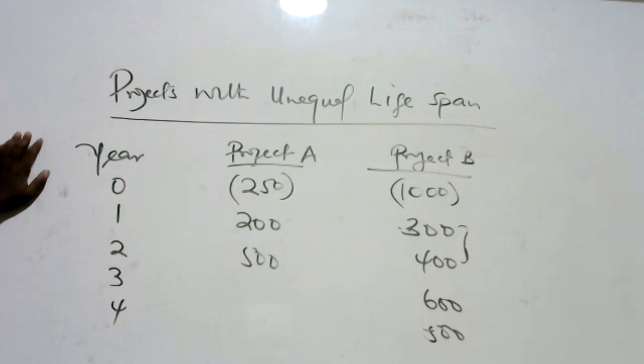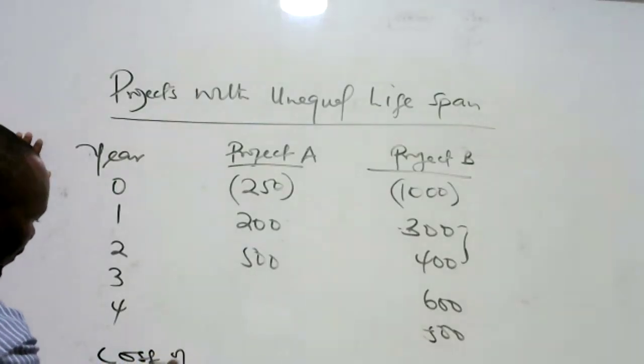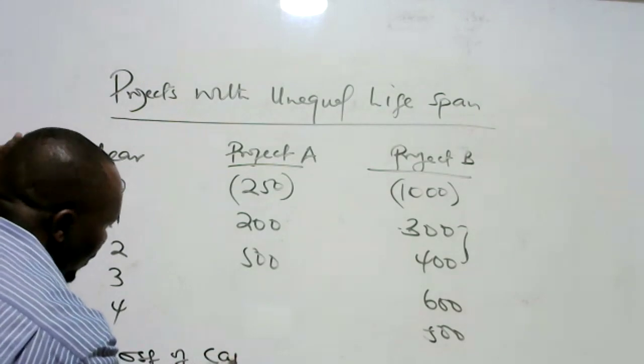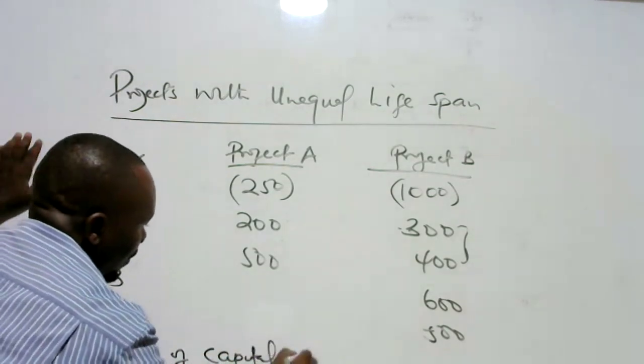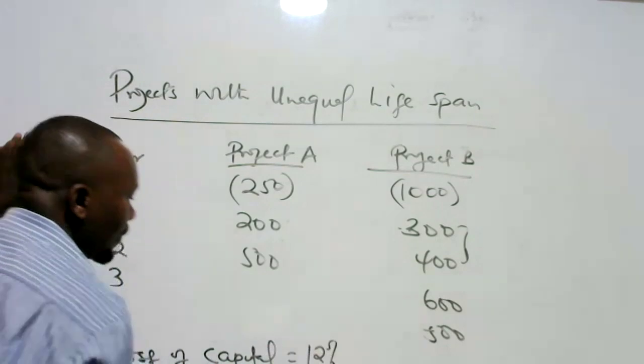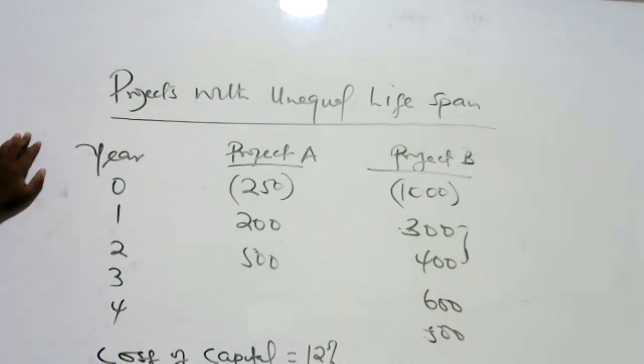Assume that you are given here that the rate of return, the cost of capital, is 12%.